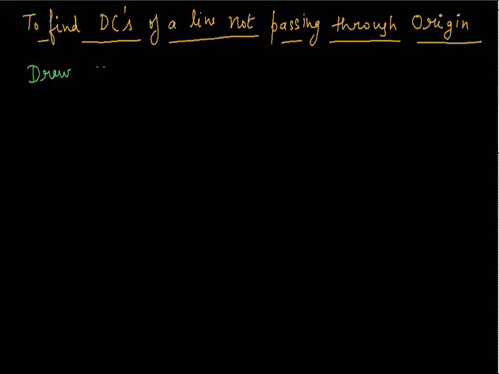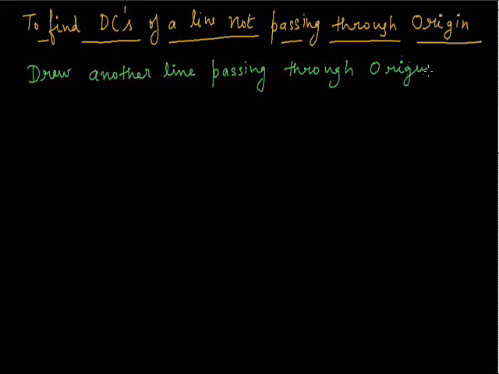To find DCs of a line not passing through origin, draw another line passing through origin and parallel to the given line.